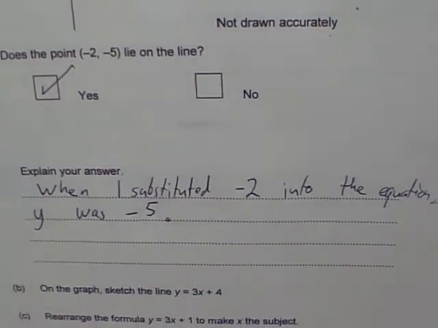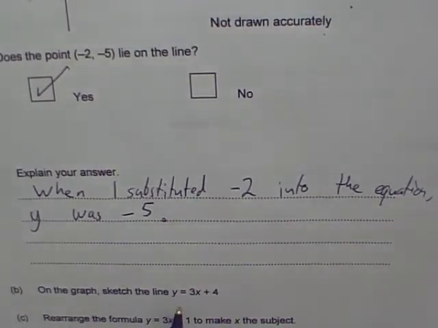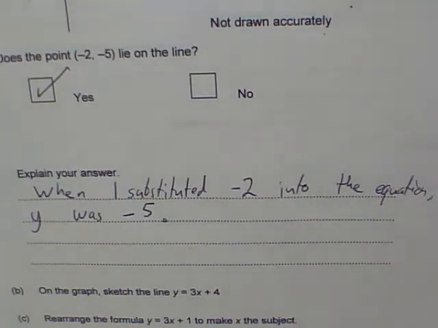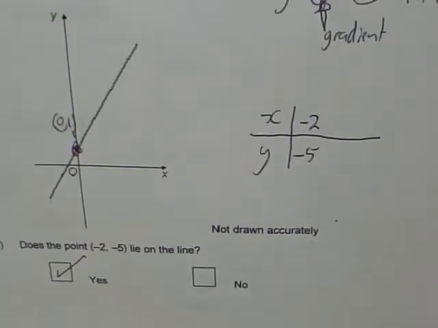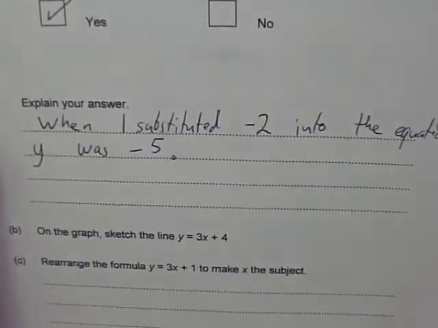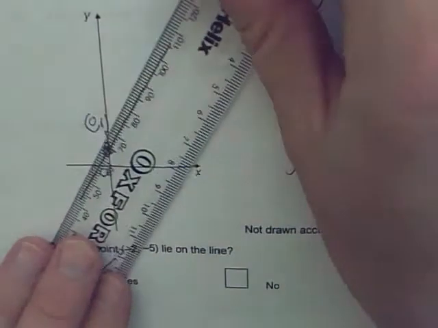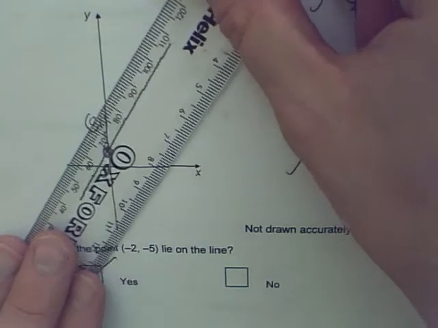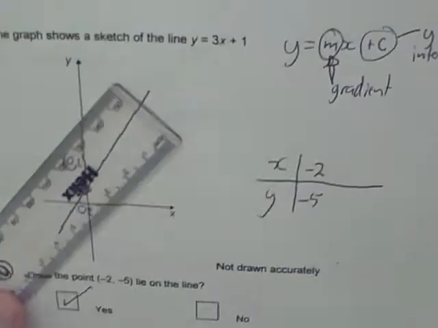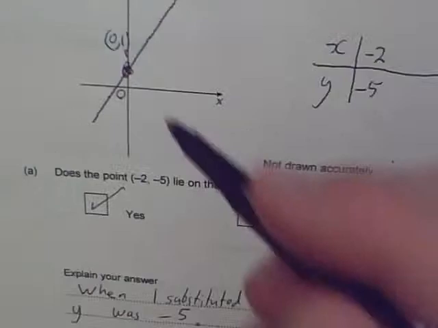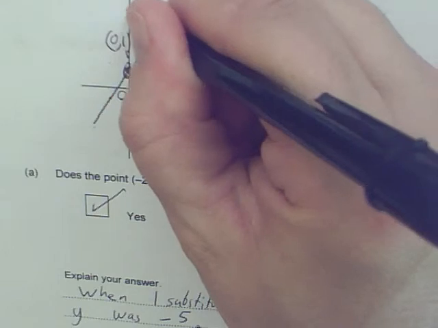Okay, part B. On the graph, sketch the line y equals 3x plus 4. So the key thing, this is for 2 marks. You need to do 2 things. One, it's the same gradient, isn't it? 3x plus 4. It's the same gradient, so it must have the same slope, right? That's what gradient is. So as long as it's parallel, that will be 1 mark. And the other thing I know is that this plus c bit on here is plus 4. So it's going to go through higher up.